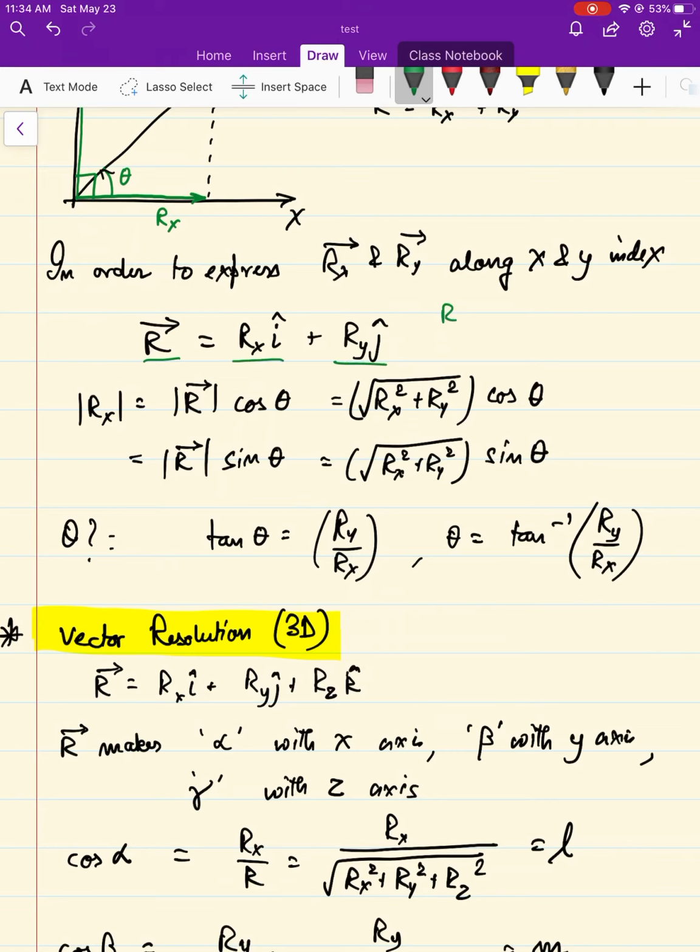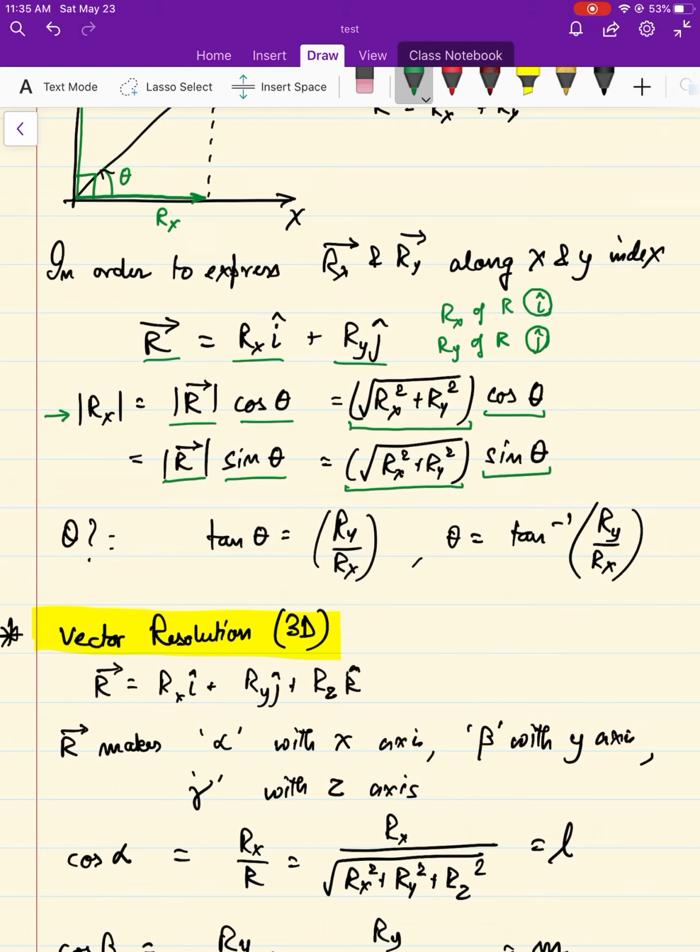This means that Rx is the magnitude of the component of R along the x-axis, which has i cap oriented along it, and Ry is the component of R along the y-axis, which has j cap oriented along that direction. When we calculate the magnitude, Rx is simply R cos theta, where R is the square root of Rx square plus Ry square, and Ry is R sin theta.